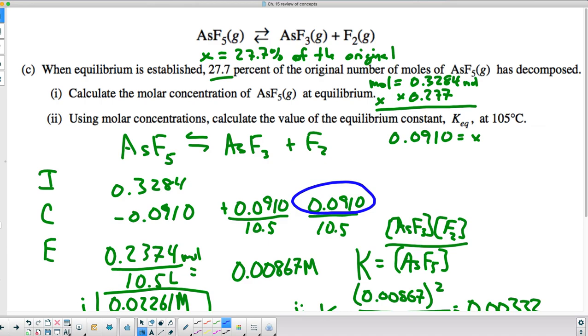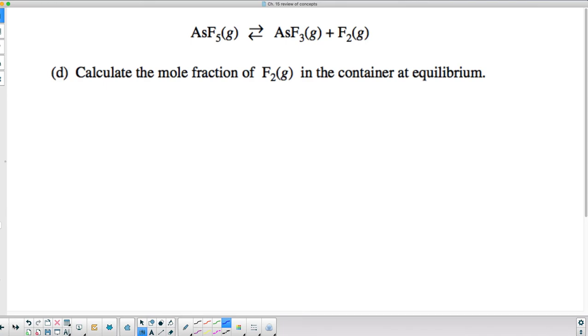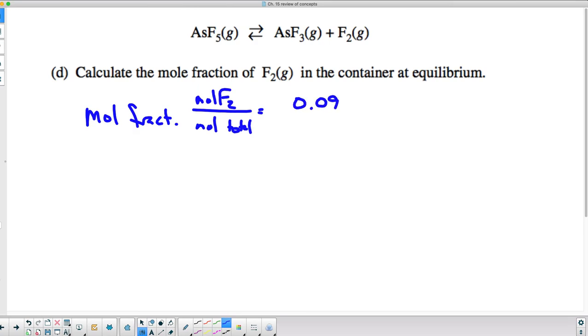Mole fraction is moles of one thing divided by moles total. Okay, so we know what the moles of F2 is. That's the number of moles of F2. I got that from the previous slide.